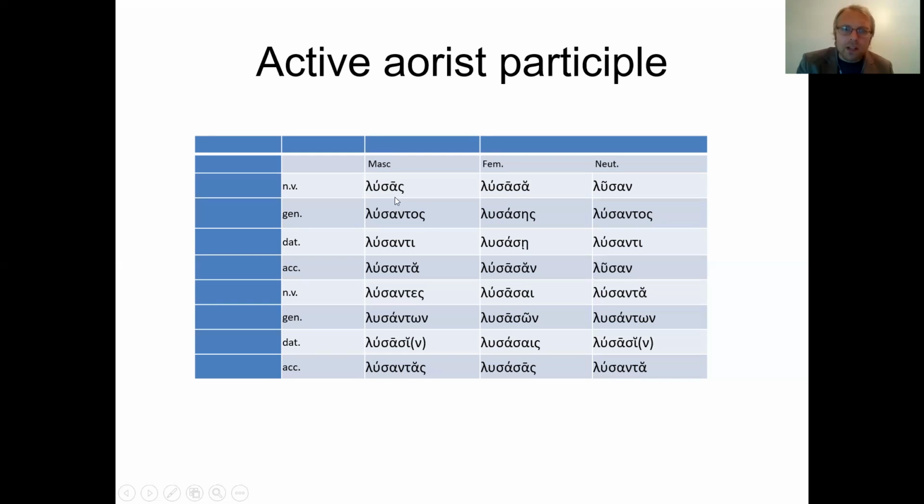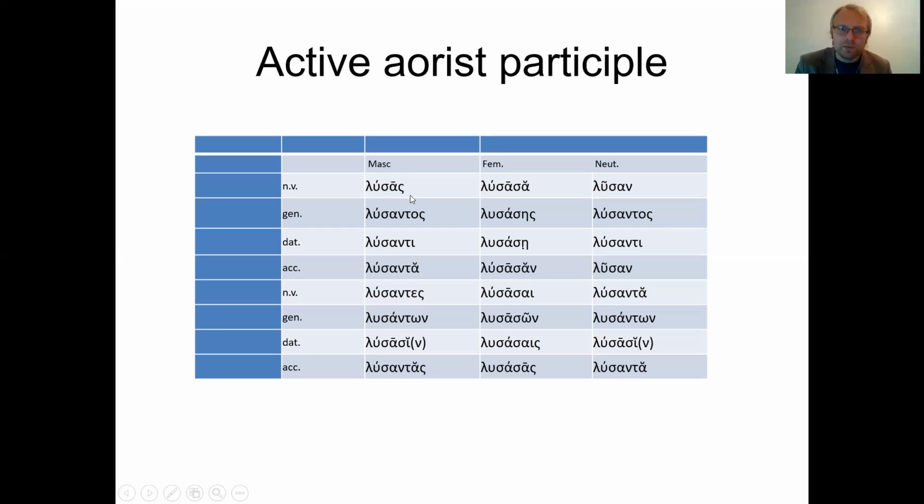There's also this thematic vowel alpha, which is another feature which marks these aorist participles. So this is also how you can recognize an aorist participle, by looking at the sigmatic sigma infix and then the alpha theme vowel.